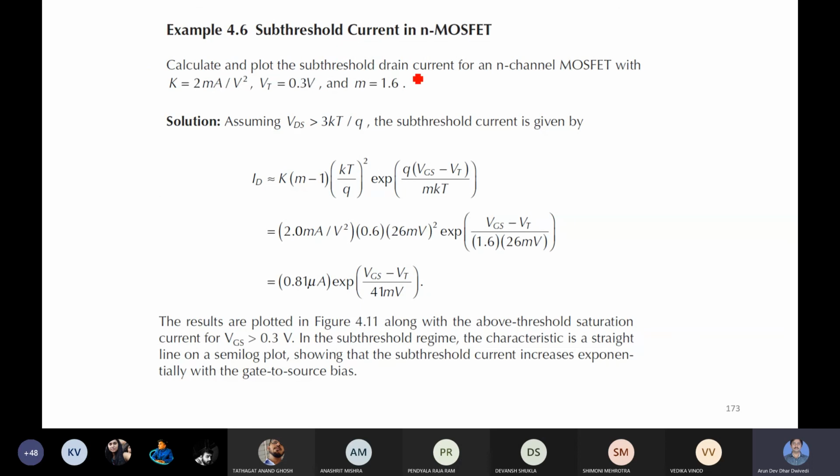So calculate and plot the subthreshold drain current of an n-channel MOSFET with respect to VGS. The K parameter, K equal to mu1 Cox W by L, is given as 2 milliampere per volt squared. VT, the threshold voltage, and M are given.